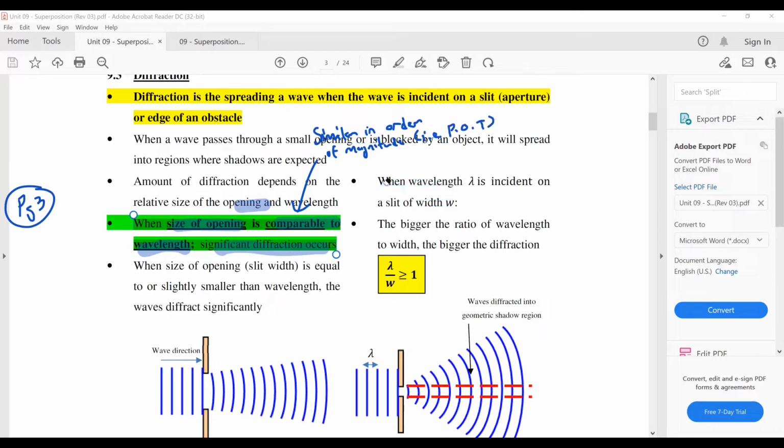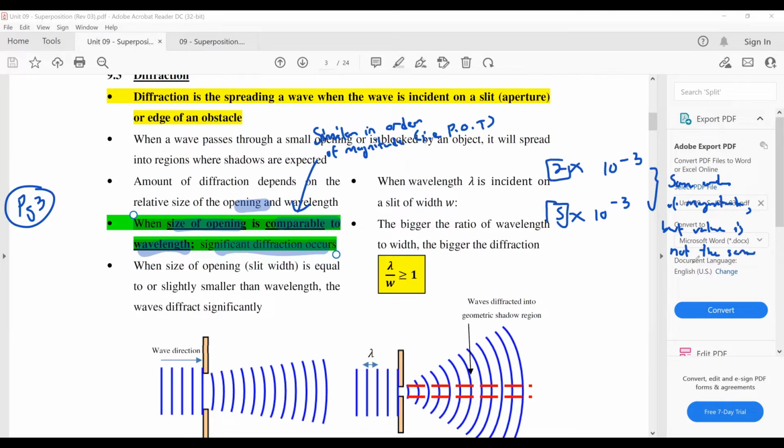So if I tell you 2 times 10 power 3 versus 5 times 10 power 3, this one is the same order of magnitude, but the value is not the same. They obviously do not have the same value, but they are the same order of magnitude.